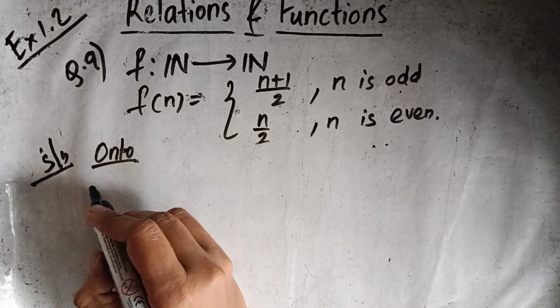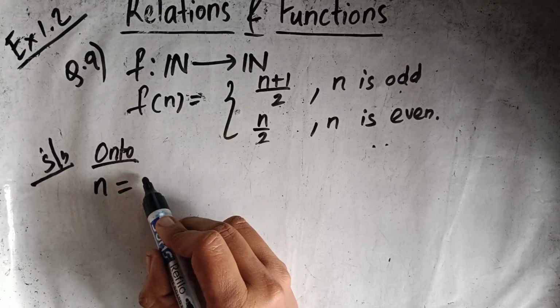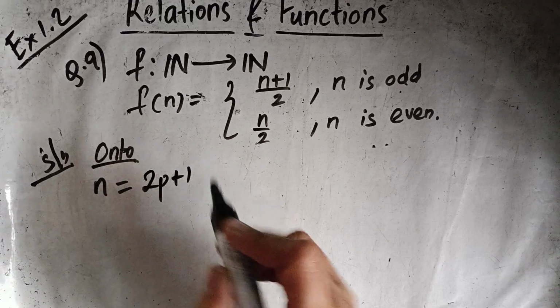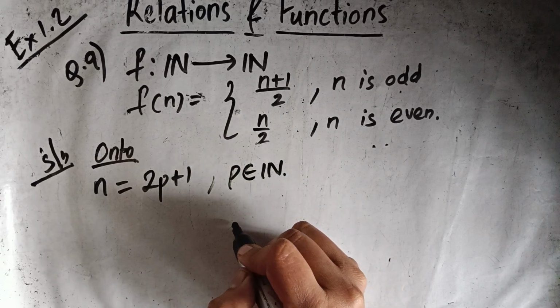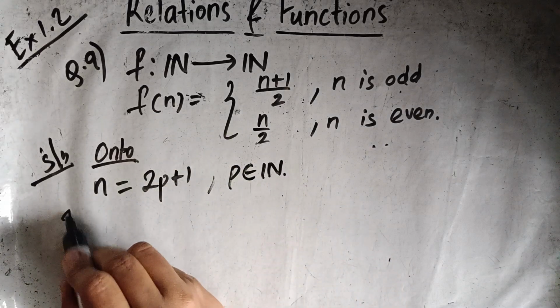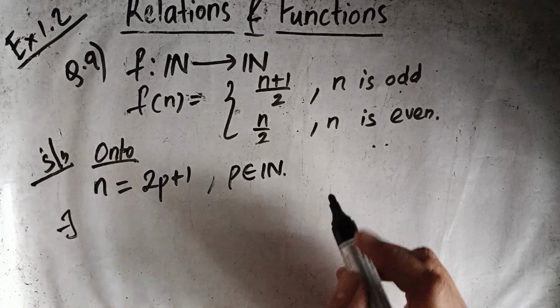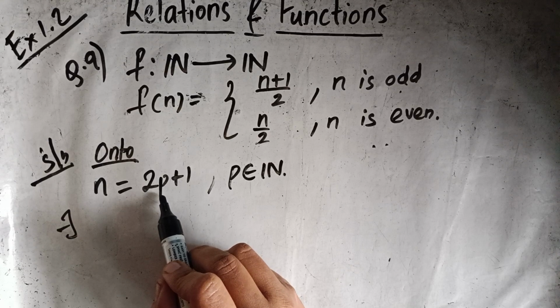if n is an odd number, it is written as 2p plus 1, where p belongs to the natural numbers. So p equal to 1, if you put, you'll get 2 plus 1, 3.